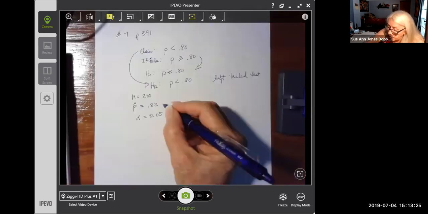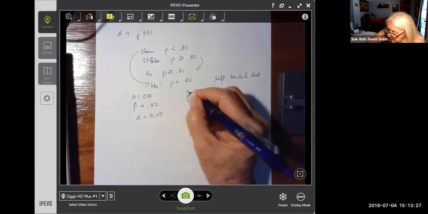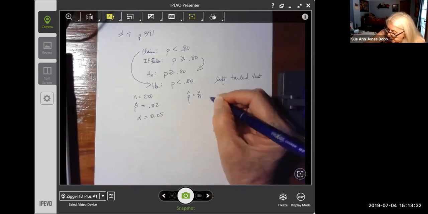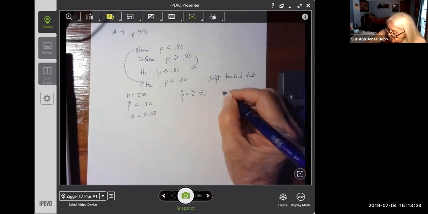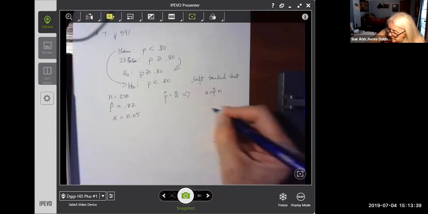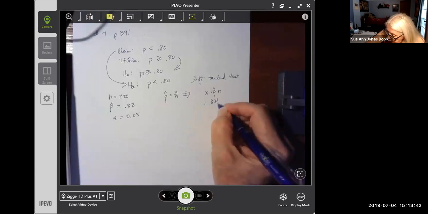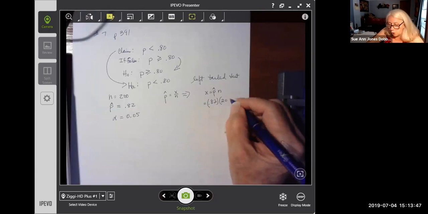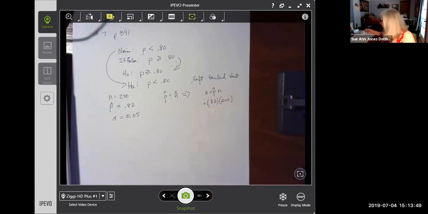So now I need to recognize that P hat is equal to X over N. And when I change that algebraically, I get X is equal to P hat times N. So to get the X value, I need to take P hat, which was 0.82, and multiply by the size of the sample, which was 200. When I do that, I get 164.